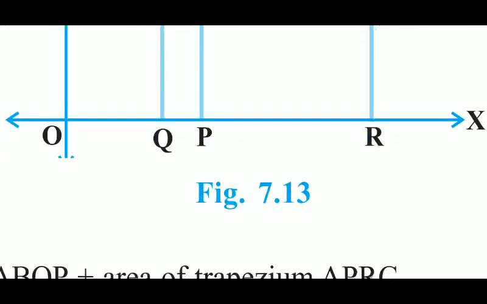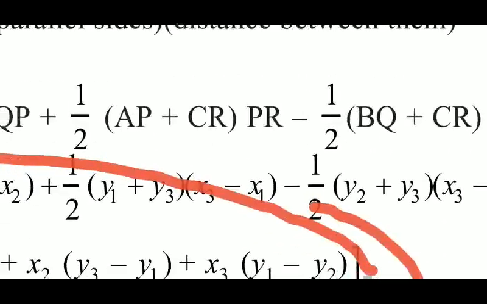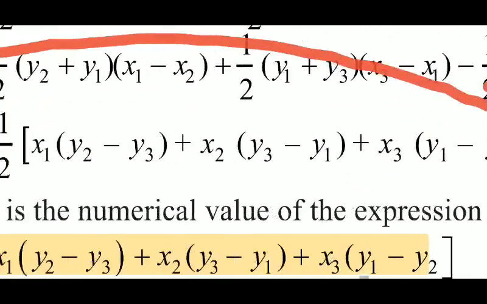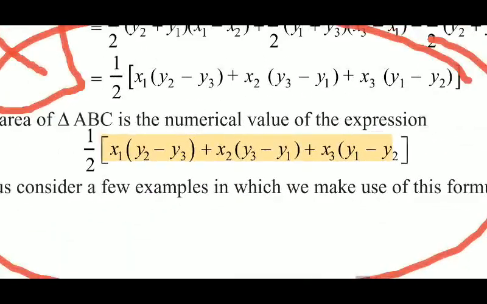And we will use this formula: half times [x1 into (y2 minus y3) plus x2 into (y3 minus y1) plus x3 into (y1 minus y2)].